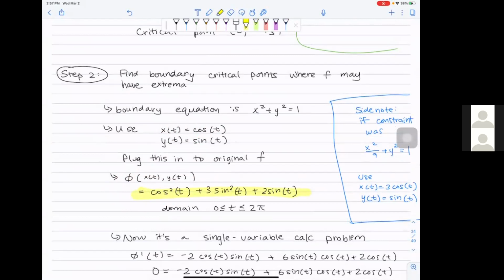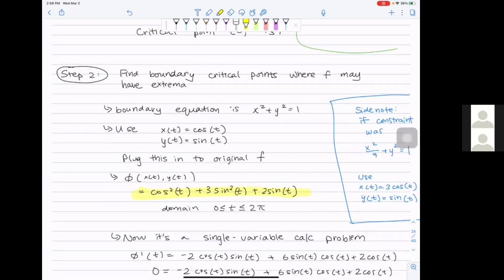For clarification, we usually set the parameter with the boundary equation and then plug it into the original function? Yes, because right now in the boundary equation we have 2 variables, but we want one variable.